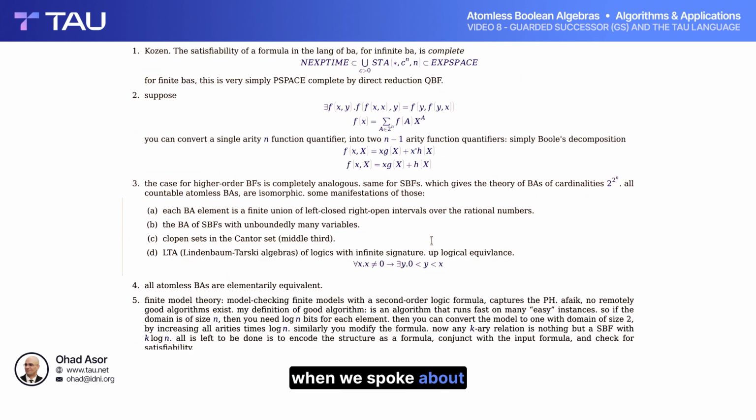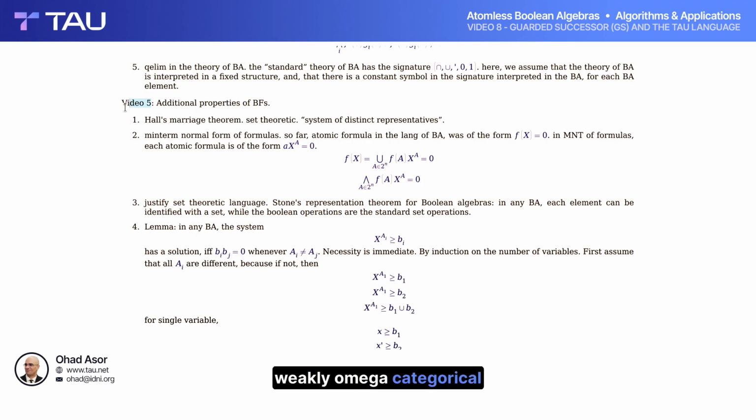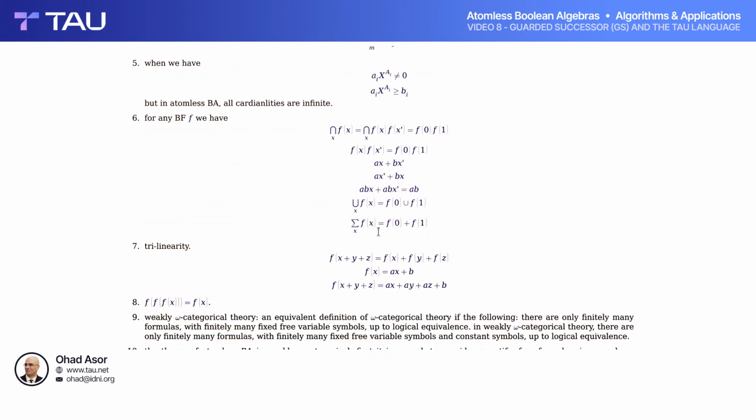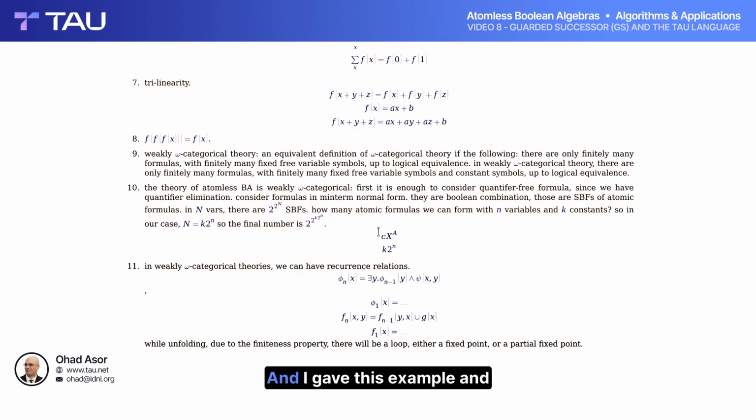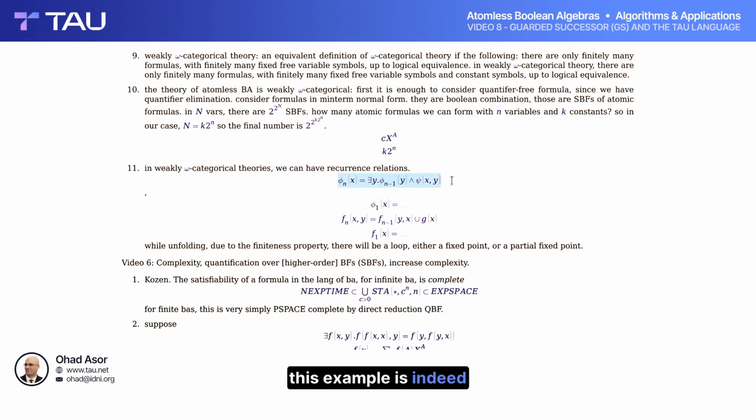when we spoke about weakly omega categorical theories in video 5, and I gave this example, and this example is indeed about time-compatible structures. We saw how we can unfold this recurrence relation and get an answer in finite time.